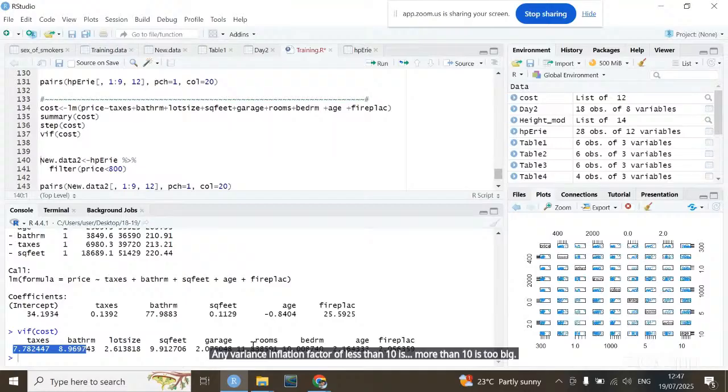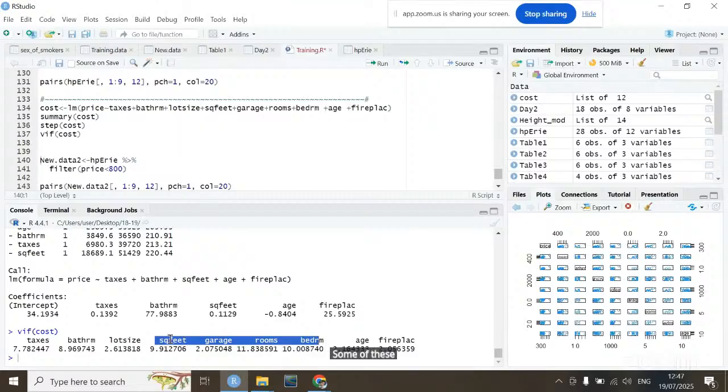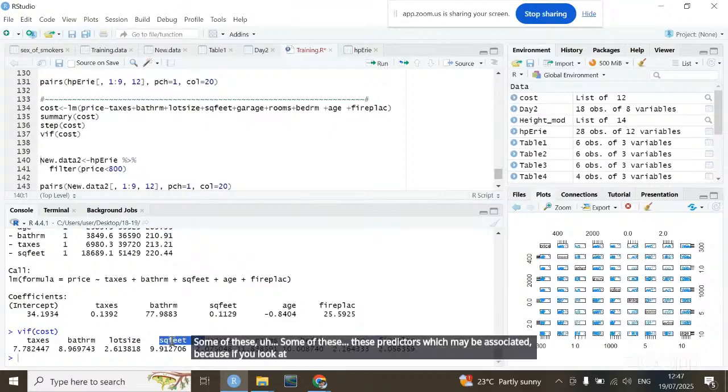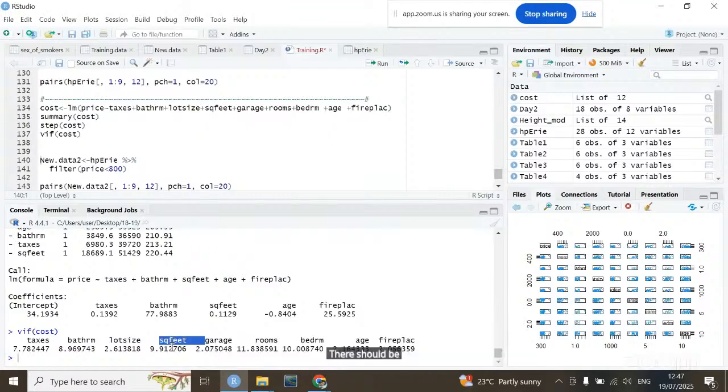So it might require combining some of these predictors which may be associated. Because if you look at the square feet, there should be some association between the square feet and the room size, and the number of rooms, or the room size, and also the bedrooms. So if there is association, then the variance inflation factor will be big.